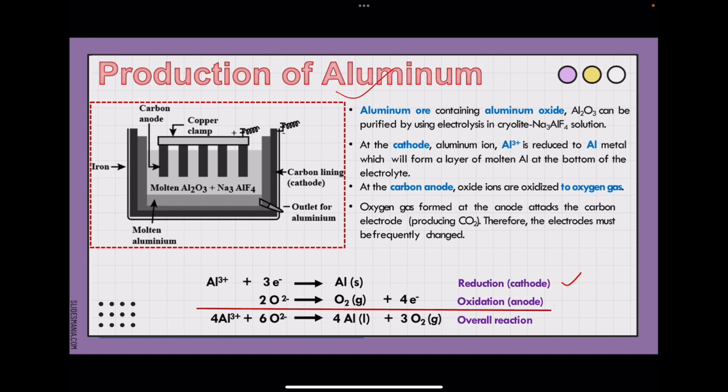At the carbon anode, oxide ions are oxidized to oxygen gas. Unfortunately, the oxygen reacts with the carbon anode, producing carbon dioxide. As a result, the carbon anodes need to be replaced regularly. The overall reaction produces aluminium metal and oxygen gas.